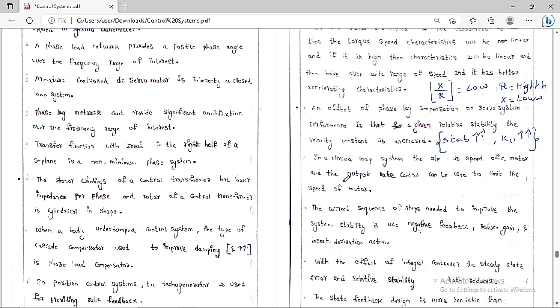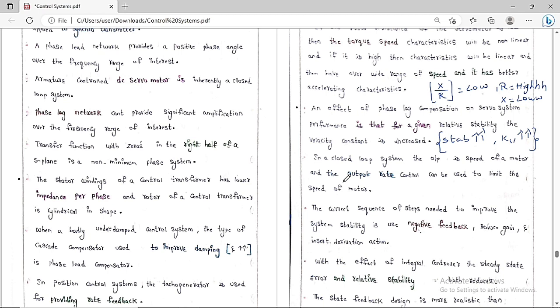I already told you derivative action is the PD controller. The PD controller is going to increase the stability because it is going to add zeros. So the derivative controller gives you zeros.